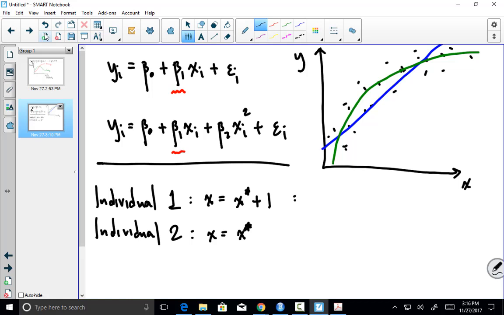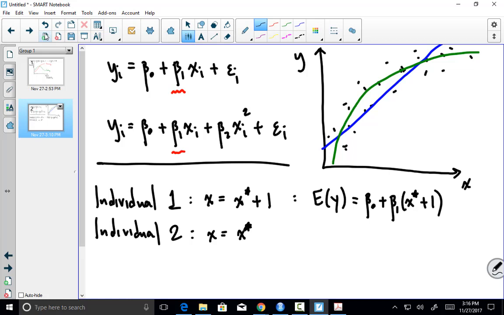So you can see that explicitly if you write out what the model is for each of these two individuals.